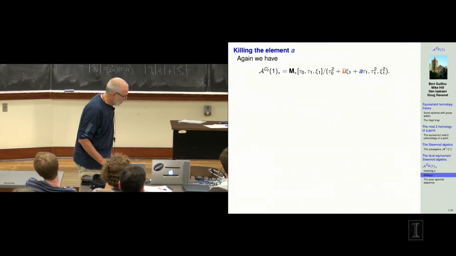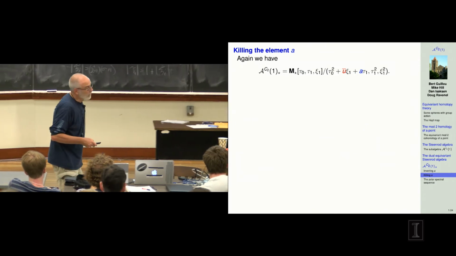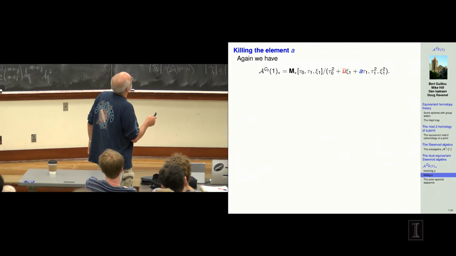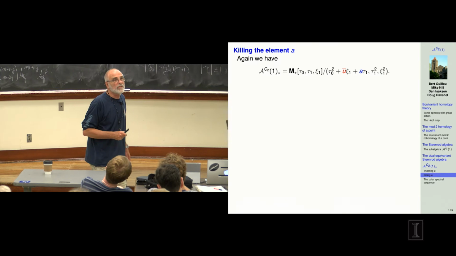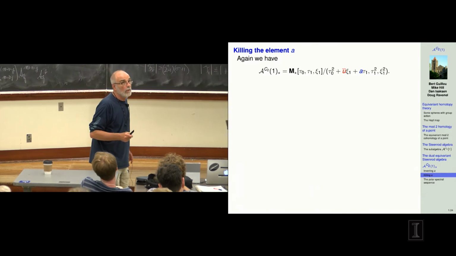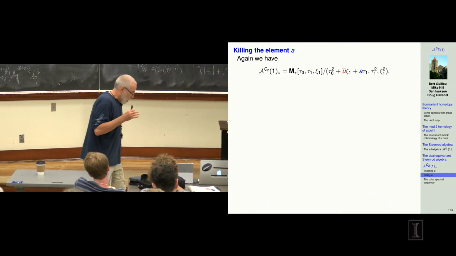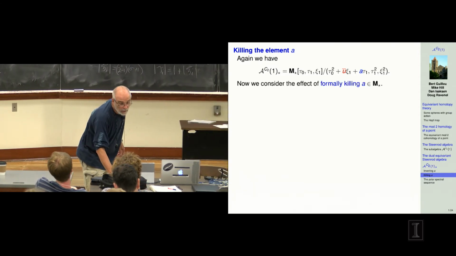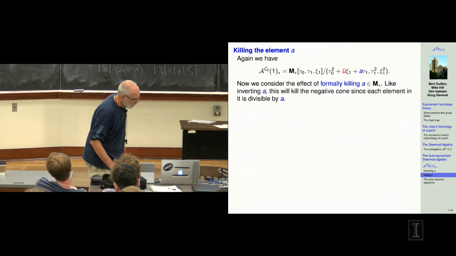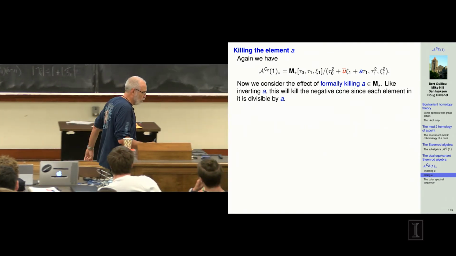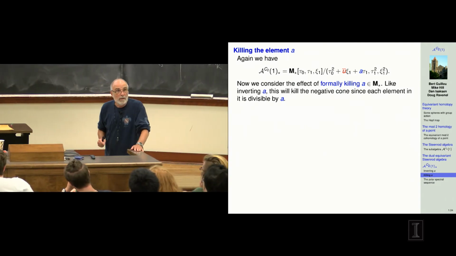Now, the other way we can simplify this calculation, we could also kill A. We could set A equal to 0. That's another way to make this simpler. Now, doing that will also kill the negative cone, but for a different reason.